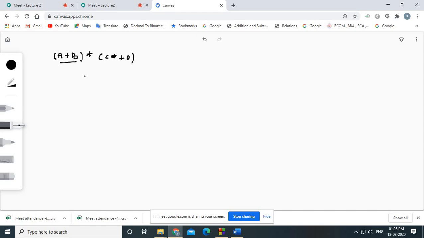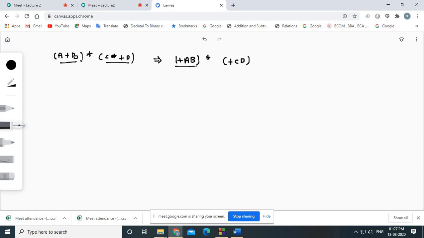Suppose we are converting to prefix, right? So in that case I need to write AB, and the operator obviously I need to write down first, so this will be plus, right? So my parenthesis is processed. Now similarly, here C plus D is given in the parenthesis, and because the parenthesis has the highest priority, you need to write something like this.